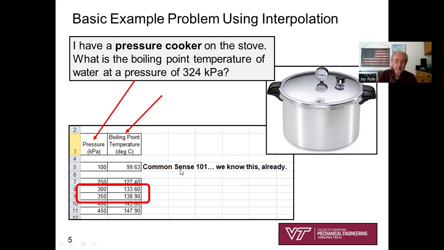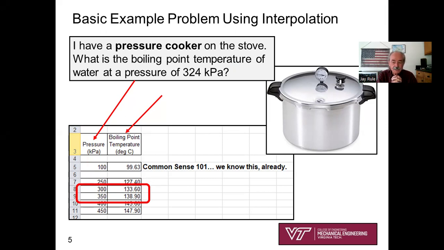All right, let's go back to Common Sense 101 of things that we all know already. When there's a pot on a stove that's open to the atmosphere, you know the pressure of the water in the pot is atmospheric pressure, or 100 kPa.